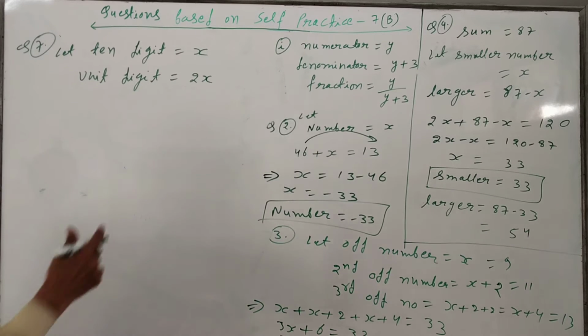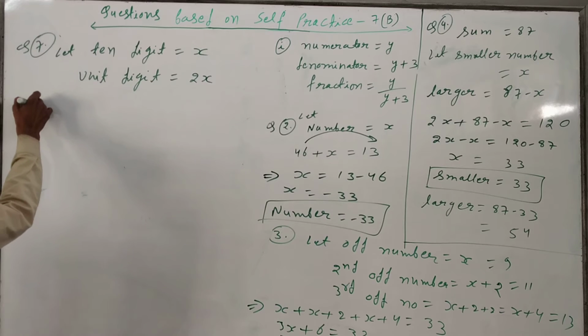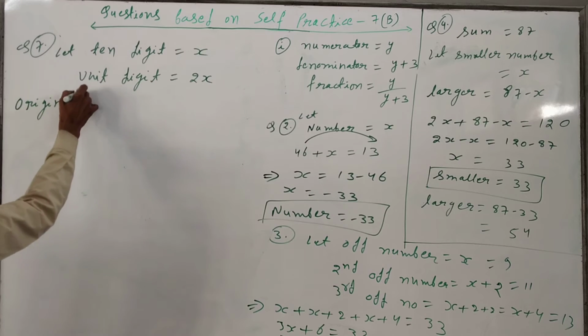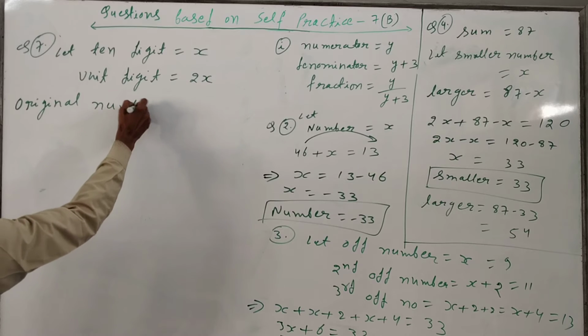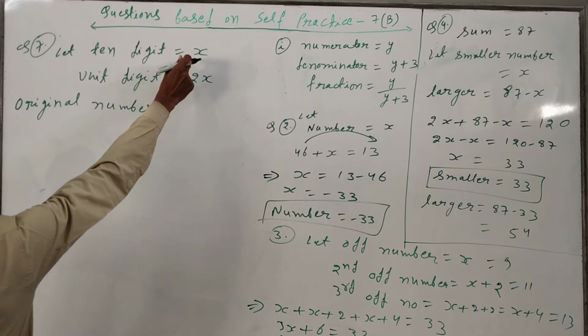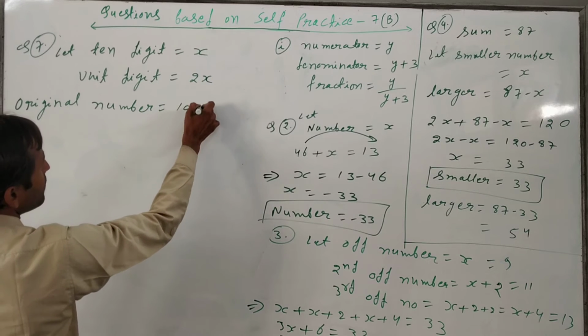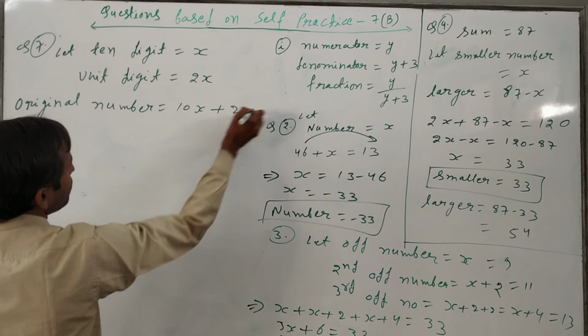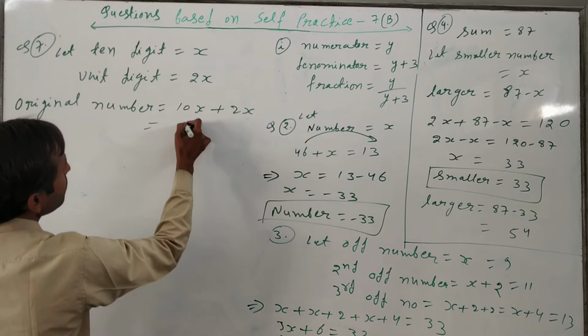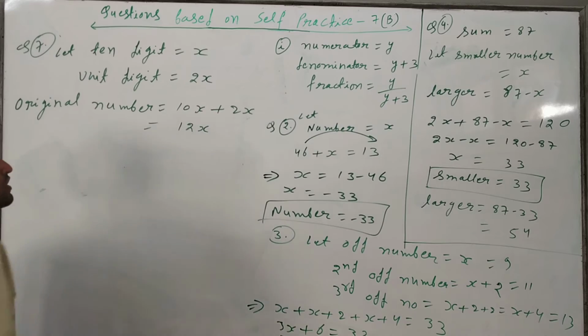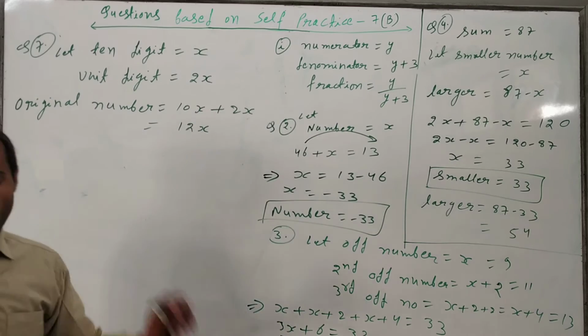Now first of all find the original number. The original number will be: this one is the tens digit, so we multiply by 10 into x and then plus 2x. How much will come? It will come 12x. So the original number is equal to 12x.